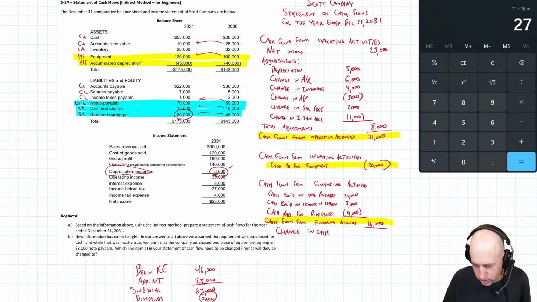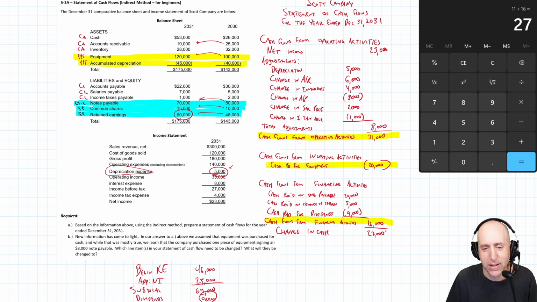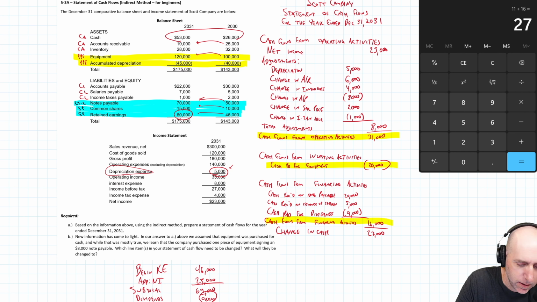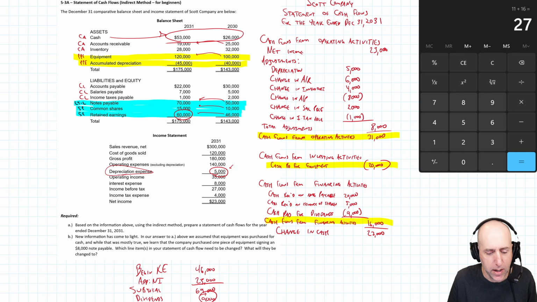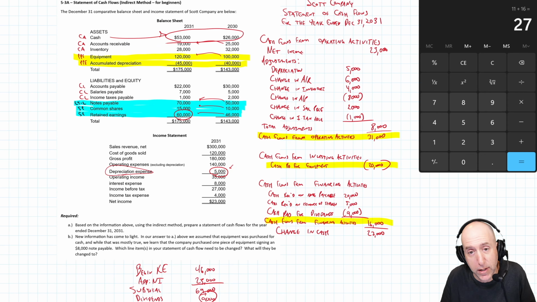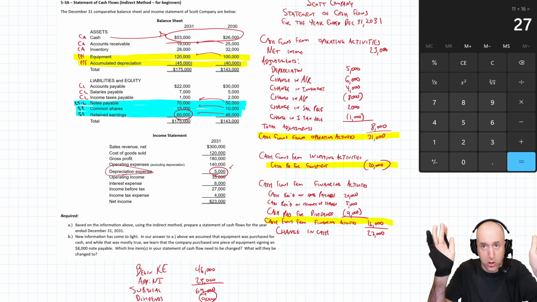I'm just adding the three highlighted numbers. Overall, my cash is a positive $27,000 one year to the next. Am I right? Well, let's look at our balance sheet. And yeah, I'm right. It went from 26 to 53. It is up $27,000. Good job.